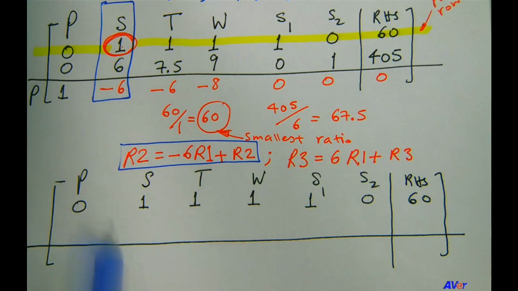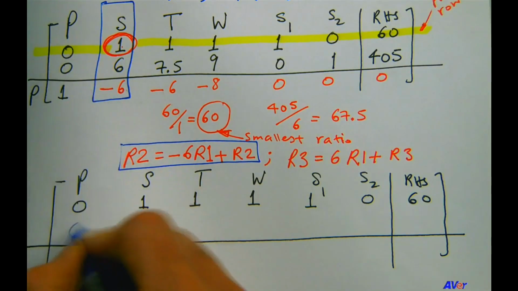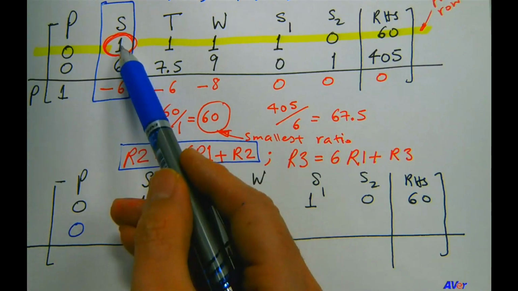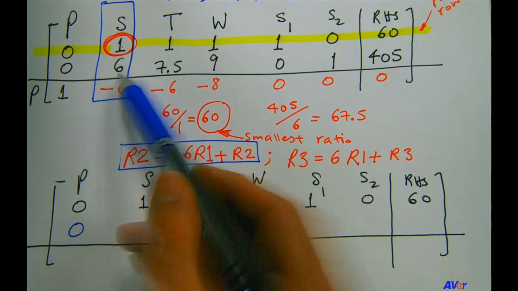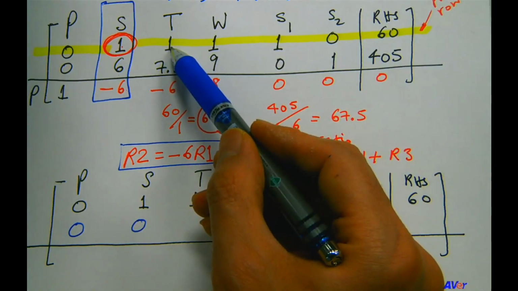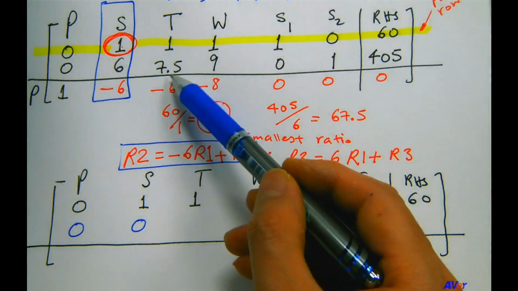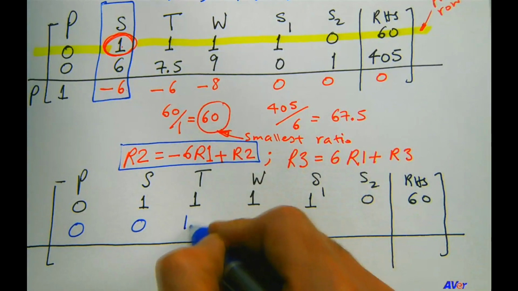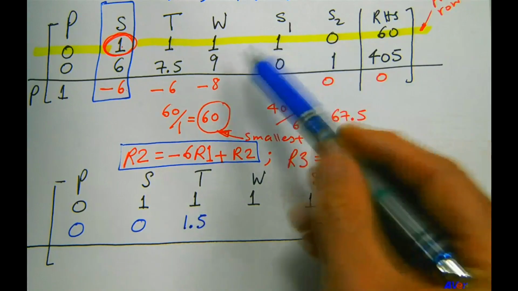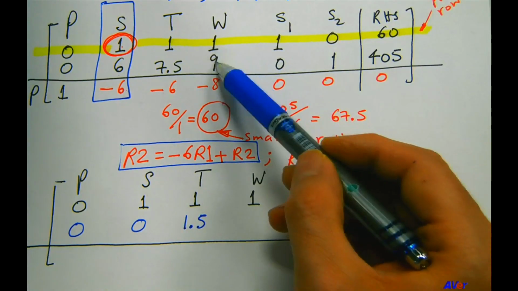So let's do that. -6 times 0 is 0, plus 0, 0. -6 times 1 is -6, plus +6, 0. -6 times 1 is -6, plus +7.5. That's positive 1.5. -6 times 1 is -6, plus +9.